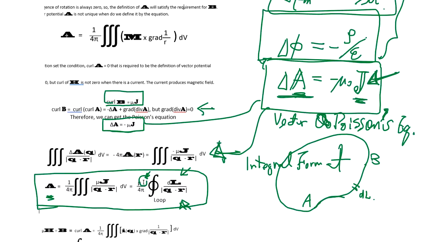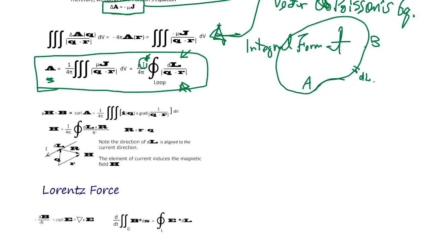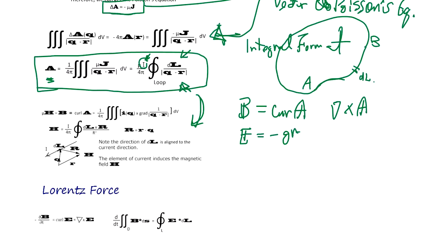to get this vector potential. Okay, now from here we can get B equals curl A. This is equivalent to E equals the gradient phi.